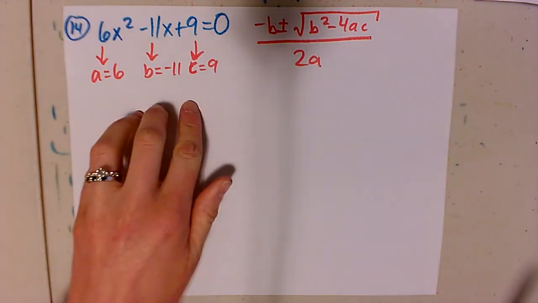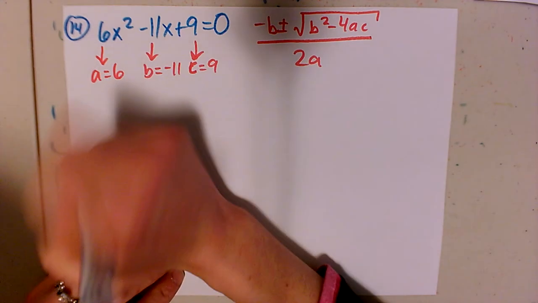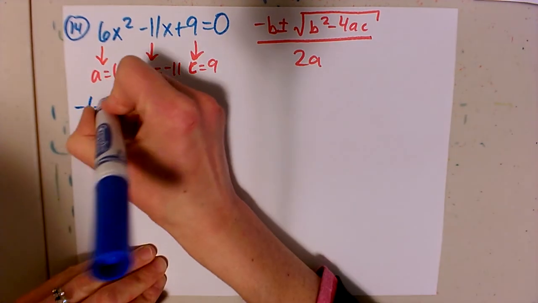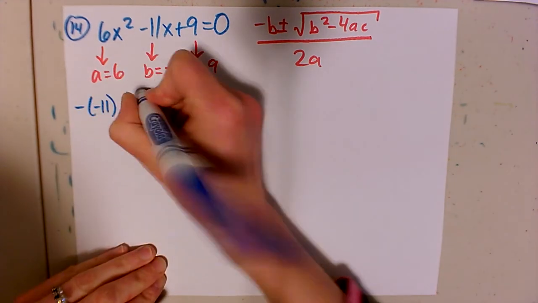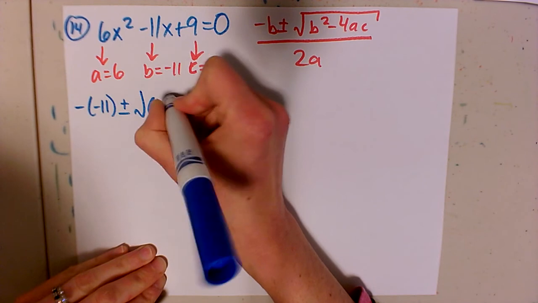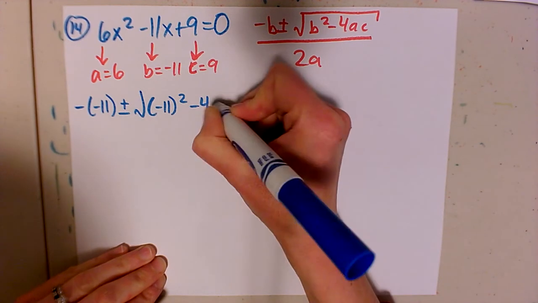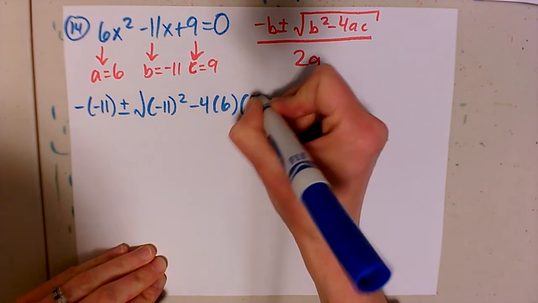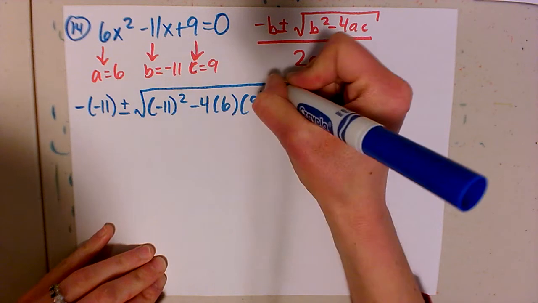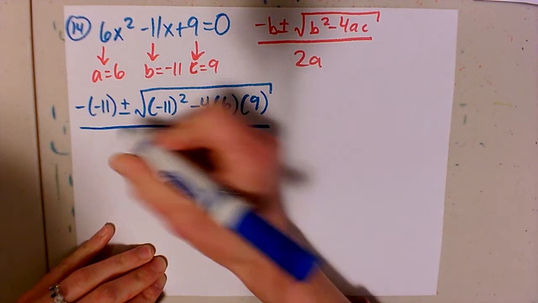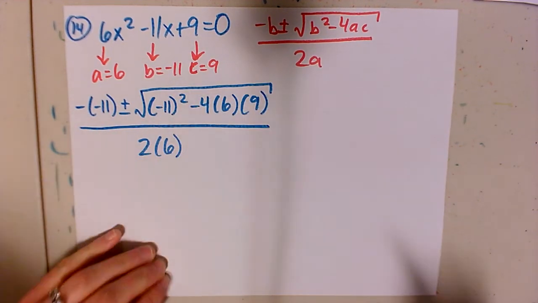So we'll go ahead and plug these numbers into this formula. So I'm going to have a negative 11 plus or minus the square root of negative 11 squared minus 4 times 6 times 9, all over 2 times 6.